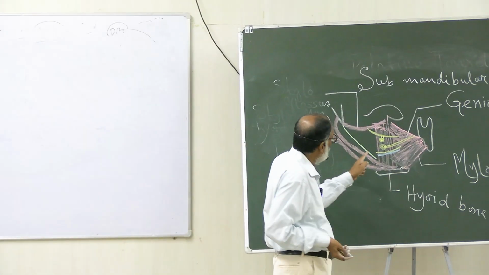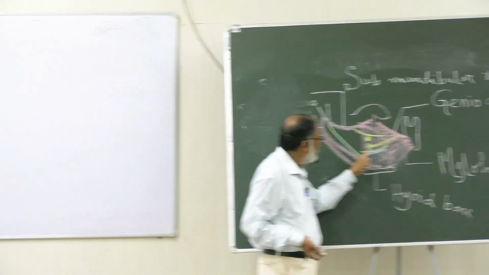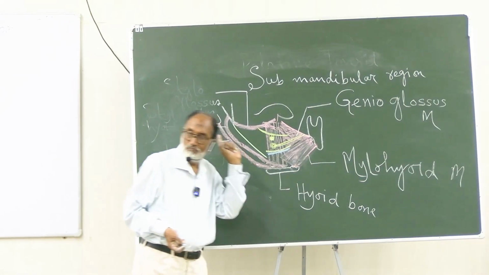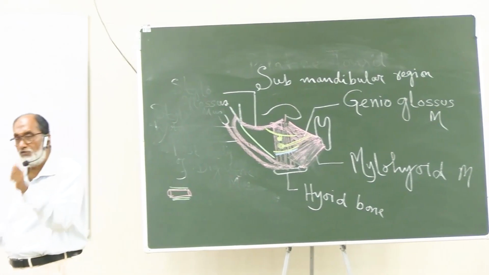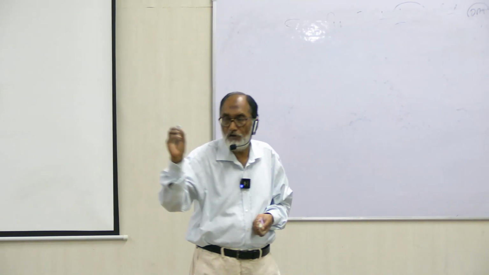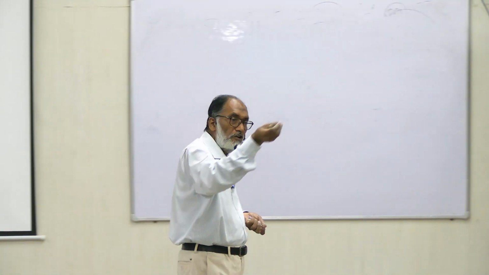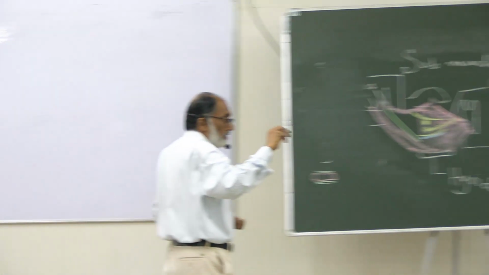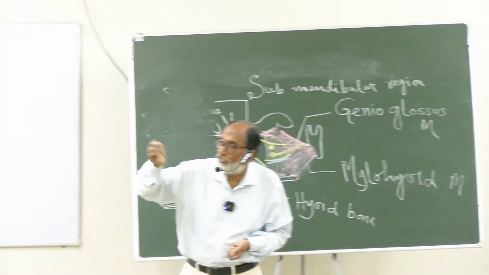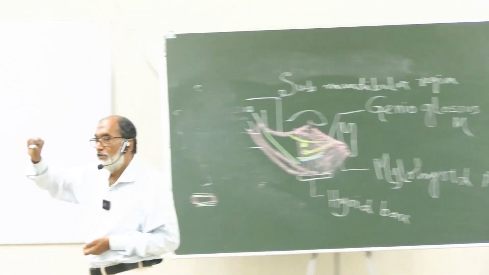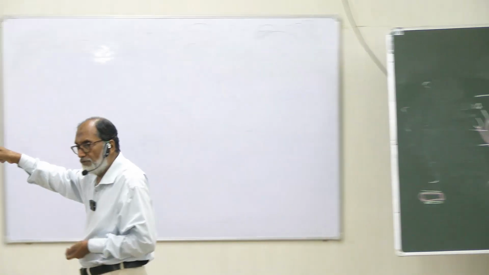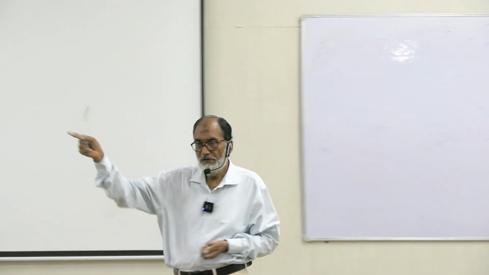Now, so these are the structures, right? Now you will be asked to describe the ganglion. Whenever the ganglion comes, from the ganglion actually secretomotor fibers go and supply the submandibular gland.